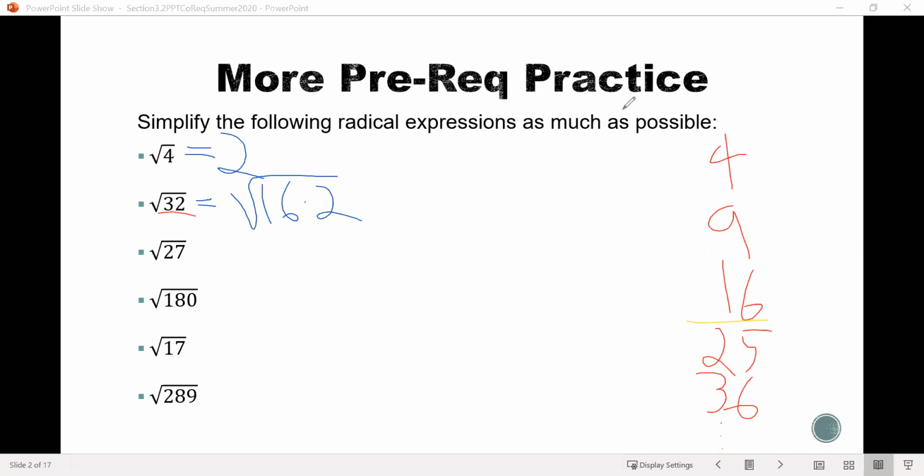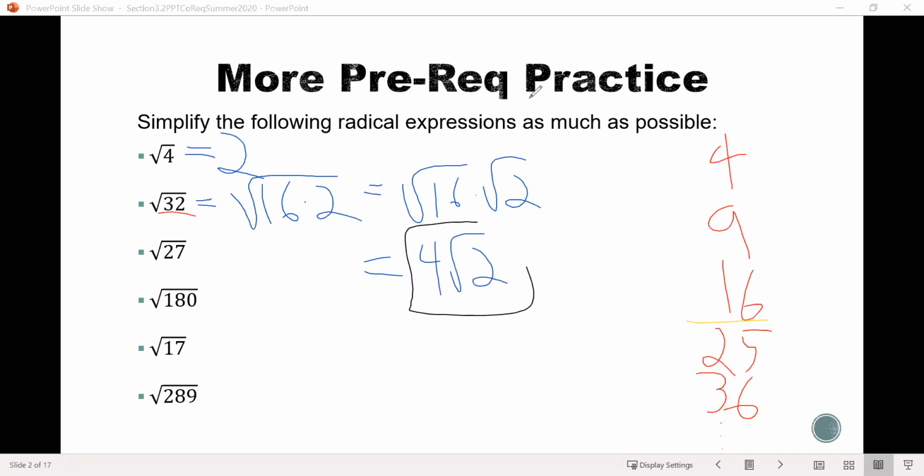Roots have this nice property that if you have the square root of something times something, you can break that down to the square root of the first thing times the square root of the second thing. So we get square root of 16 times square root of 2, and square root of 16 is 4, so we have 4 root 2. Okay?